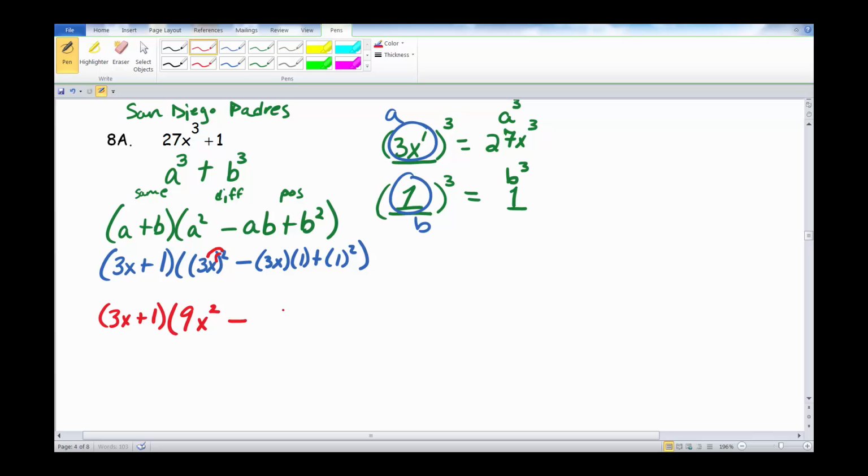Minus 3x times 1 is just 3x. And then lastly, 1 being squared is just positive 1. So this would be our factored, broken down form for that sum of those two cubes. Again, that is our Chapter 5, Target 4, Problem 8a from the study guide.